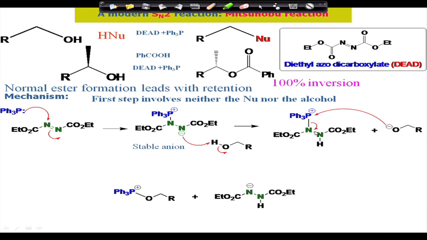So this breaks, and another anion is formed. Ultimately you have RCH2O, with a methyl there if it is present, and then this phosphate. Now, the benzoic acid will come from the back side, because this has become a very good leaving group. Your ultimate objective is to make the OH a very good leaving group.